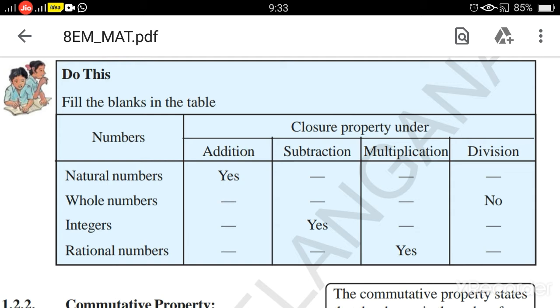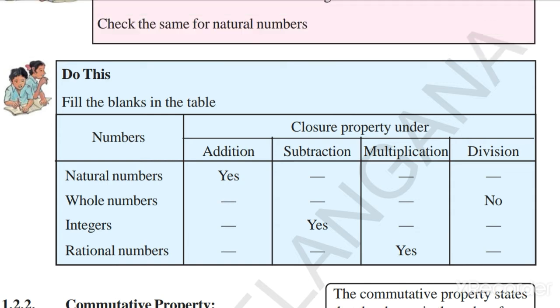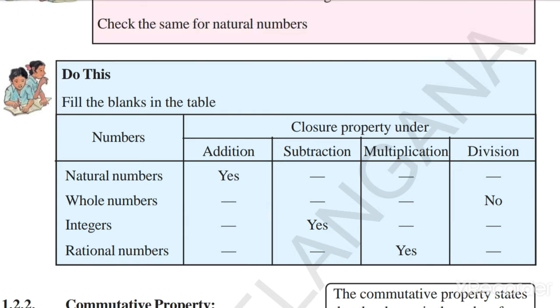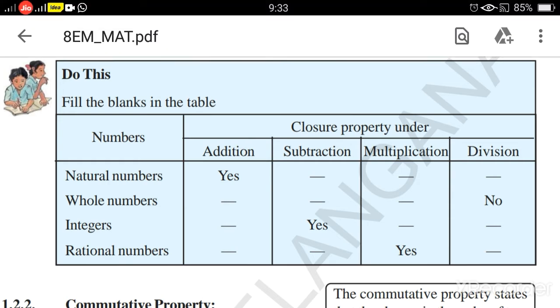Multiplication: if you take any two numbers, the product is a natural number, so yes. Division: if you take 2 and 4, 2 by 4 or 3 by 4 is a fraction, which does not belong to natural numbers, so it is not closed. You write no for division.